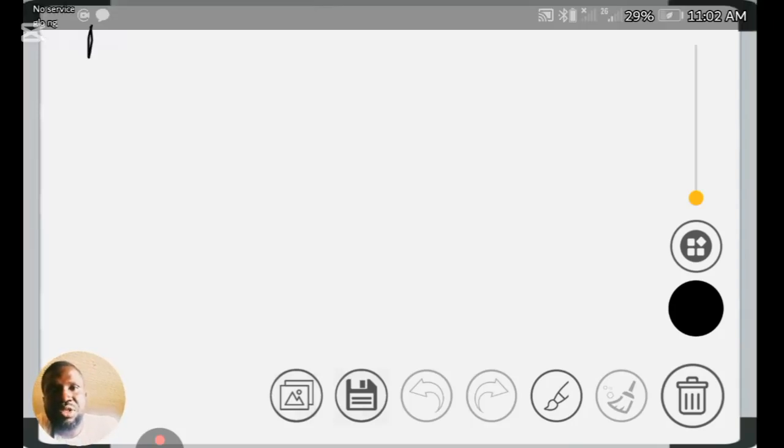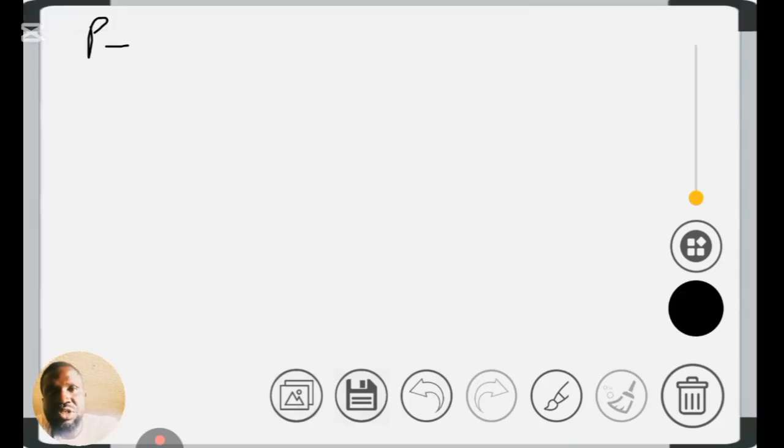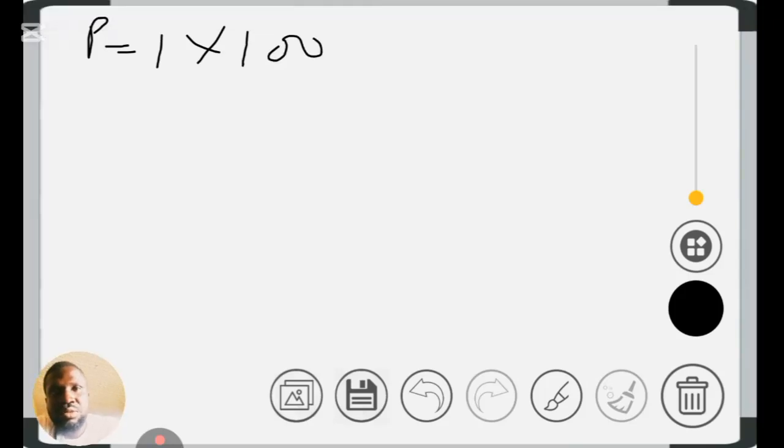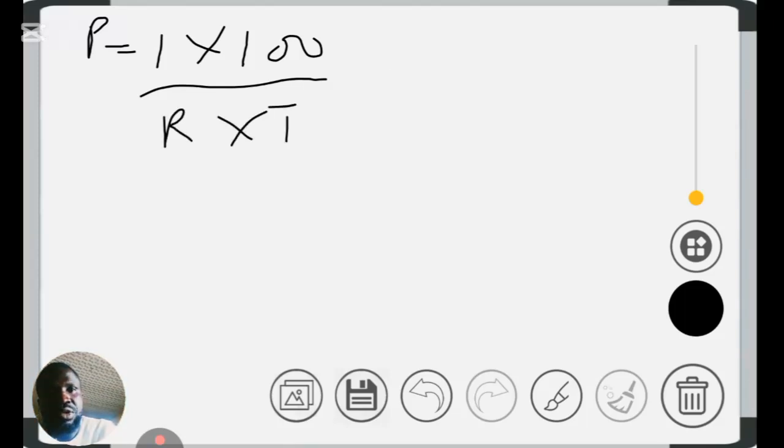So the formula for principal is P, which is equal to interest times 100 divided by rate times time.